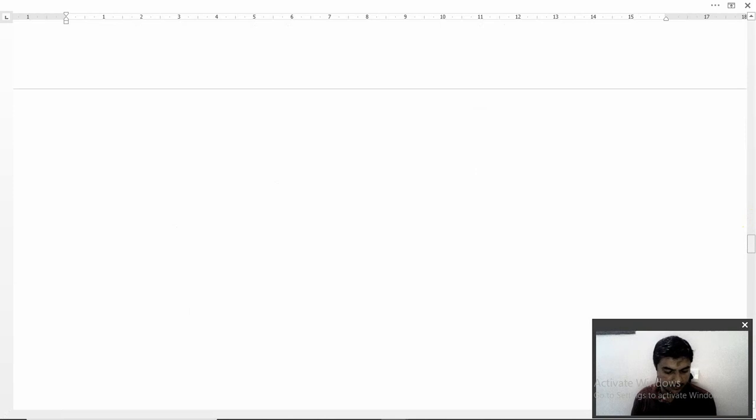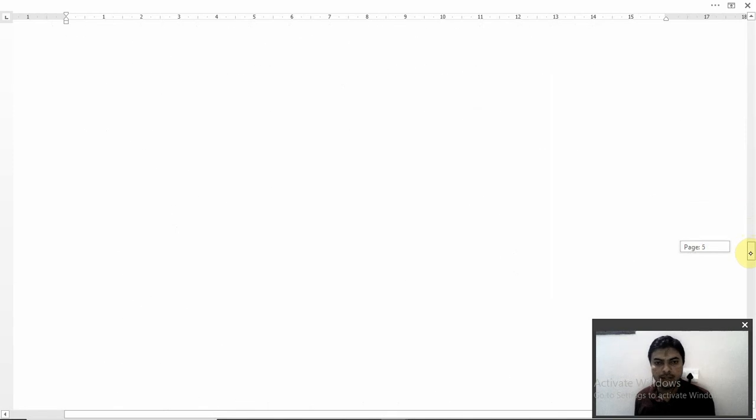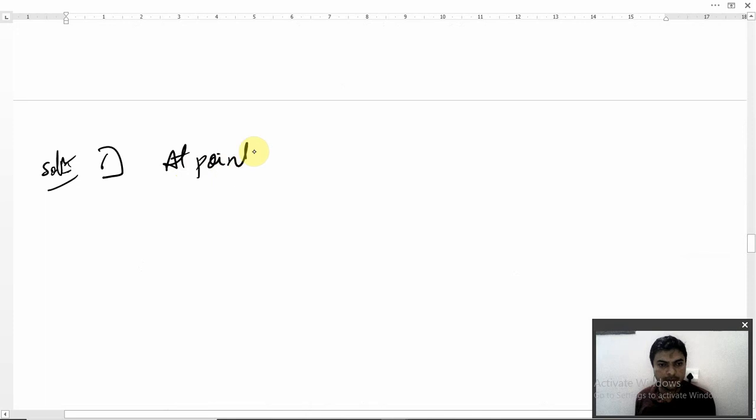Very easily we are going to solve the next question, that is the 6th one. Here they have given the application part, they have given the diagram, and using the diagram you have to first find the points.